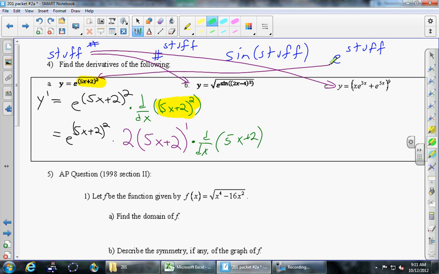So I'm not sure what's going to happen with my highlighter. Let's try. There we go. That is the new stuff. And so the thing that plays the role of stuff has changed. There's a different chain rule that we had to apply. Chain rule twice.